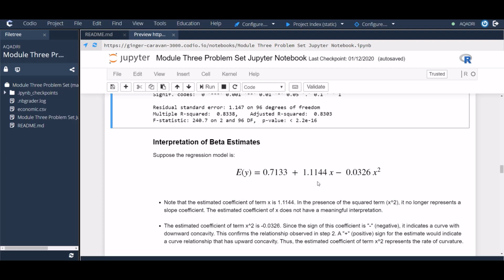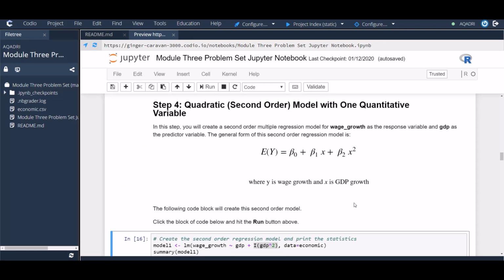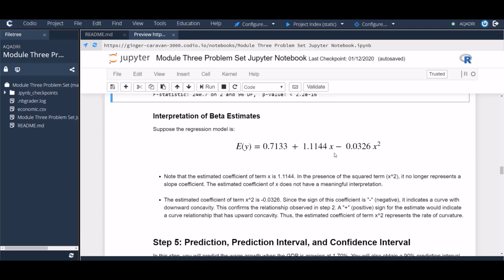So in this case, for example, we would have said that if the GDP growth rate increases by 1 unit or 1%, the wage growth will increase by 1.1144 percent. So that's how we would have interpreted this based on last week.